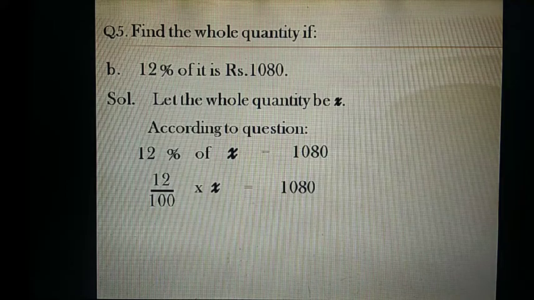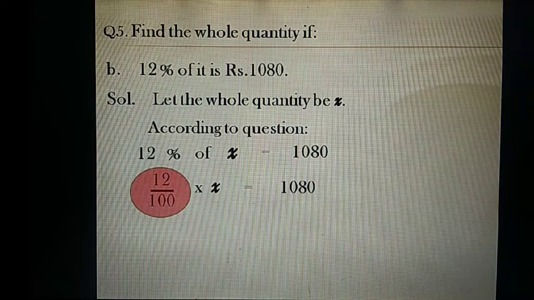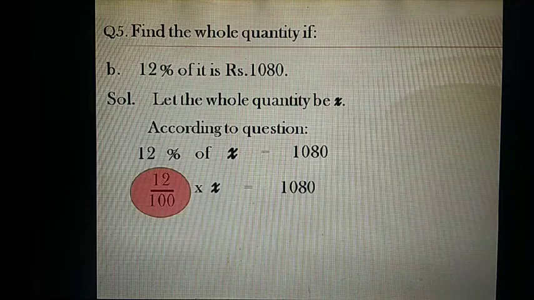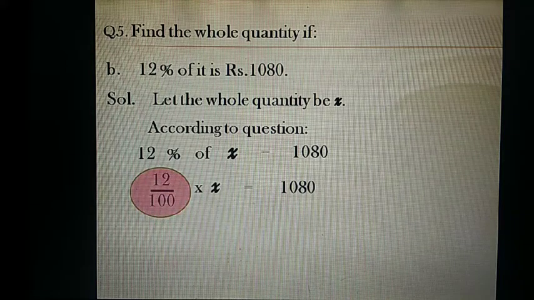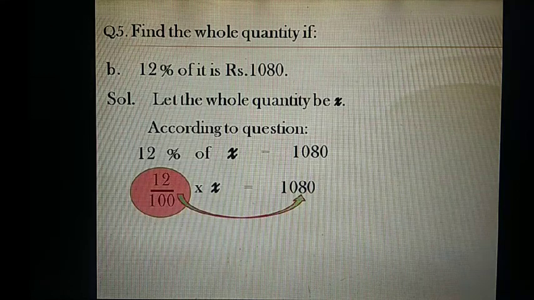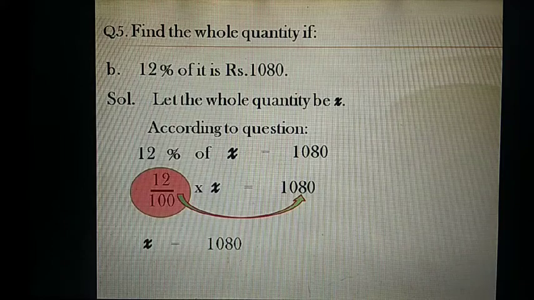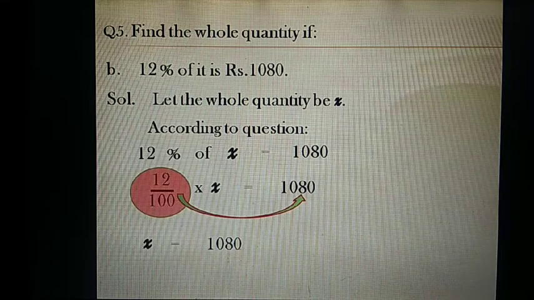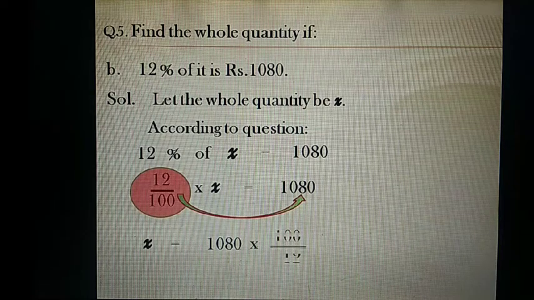Again, we have to find out the value of x. So we will shift this fraction to the other side. Shifting a fraction means shifting the reciprocal of the fraction to the other side. So x will be equal to 1080, which will come in the first place as it was already there, and now the reciprocal of the fraction will get multiplied here.